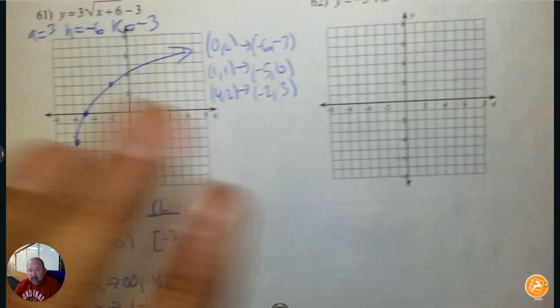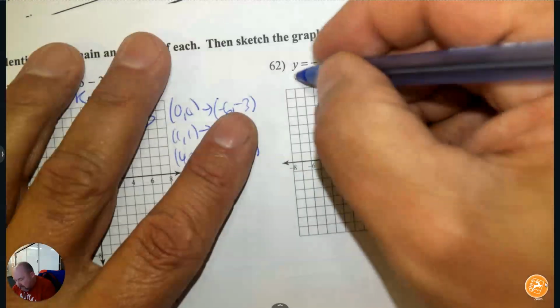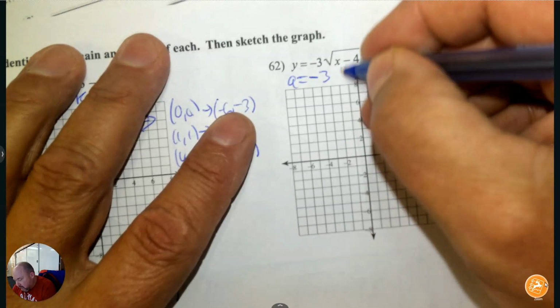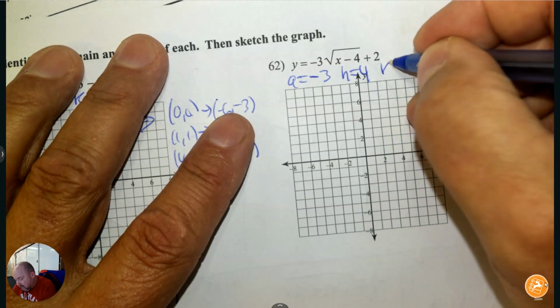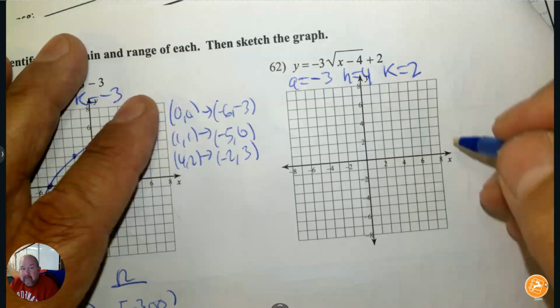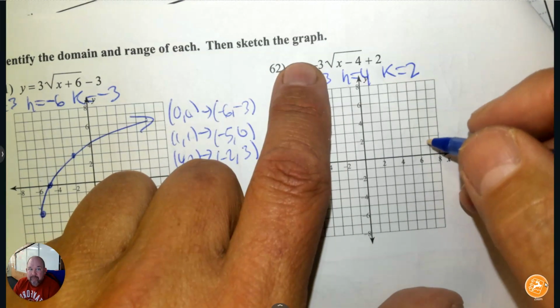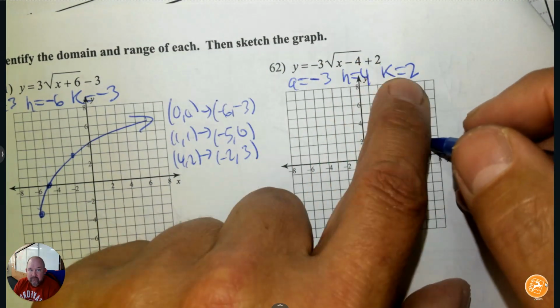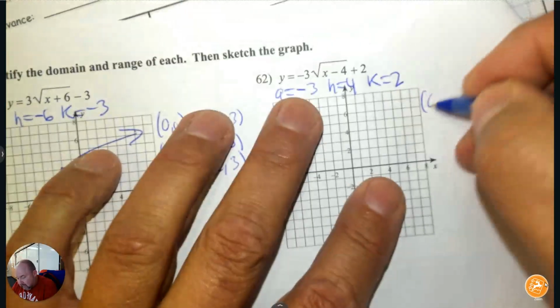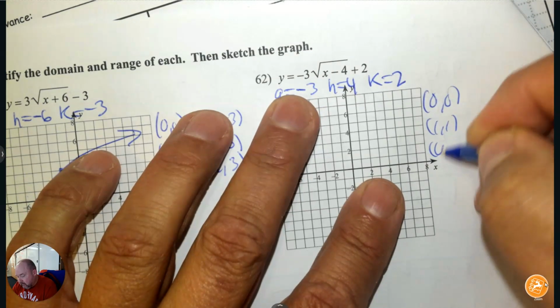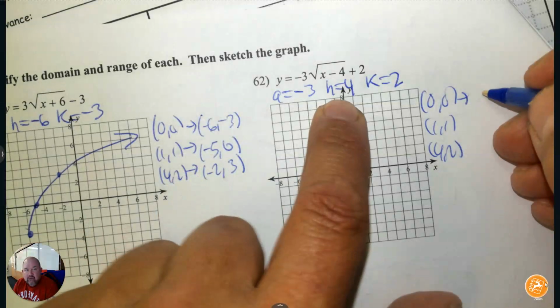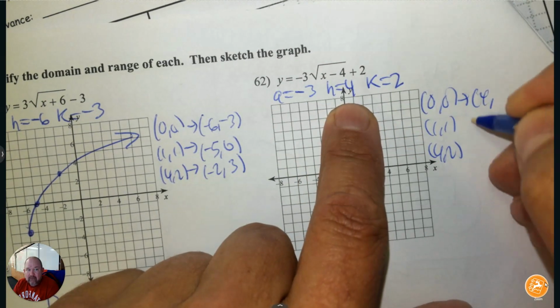All right, let's try again. Graph another square root, a, h, k. Again, you should press pause and try your best, and then look at the answer, and then correct it and press pause again. So a is -3, h is 4, and k is 2. We're going to change these points again, (0, 0), (1, 1), (4, 2). So the h changes the x coordinate, so we're going to add 4.